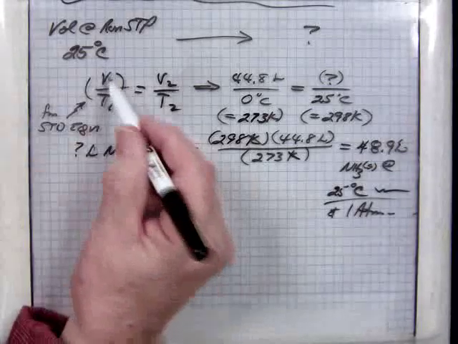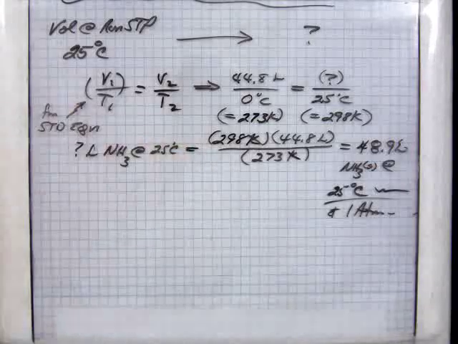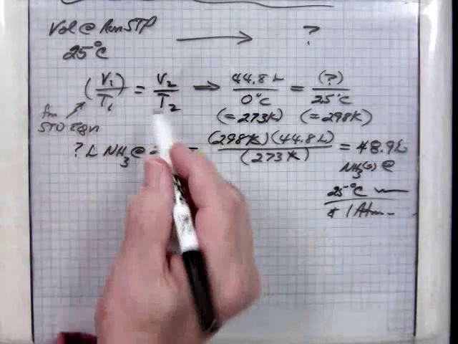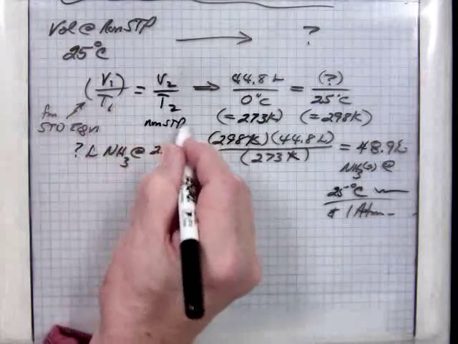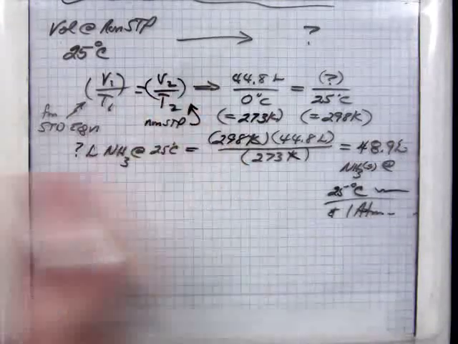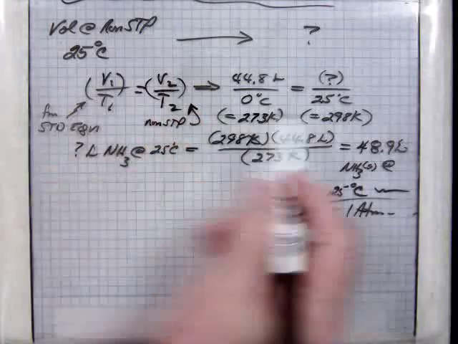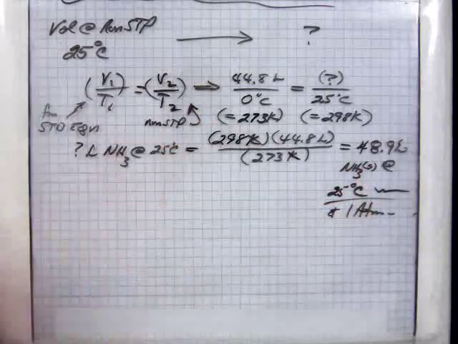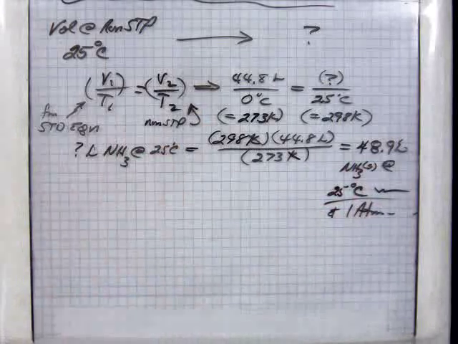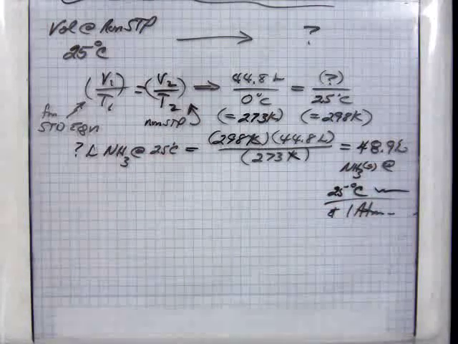So you have this already. This is your starting point. That's why I gave you that in the initial part of the lecture. And you're going to the non-STP conditions, which is V2 and T2. And you use the expression here to get the relationship. Everybody good? I mean, it's just taking the data that's given and putting it in there.